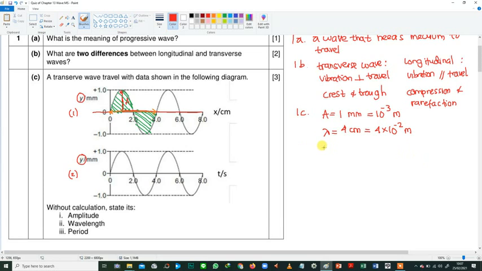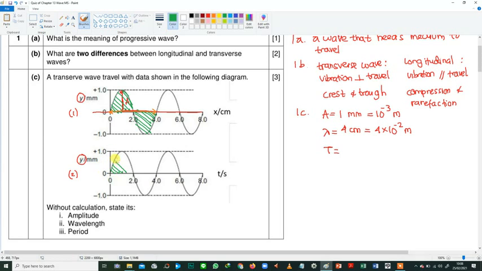Next, it's about the period. What is period? Period is the time to do one wave. We have one wave already in the diagram. If we want to talk about the time, we have to use the second diagram, because in the second diagram, the x-axis is in time. Again, period is the time to do one wave.